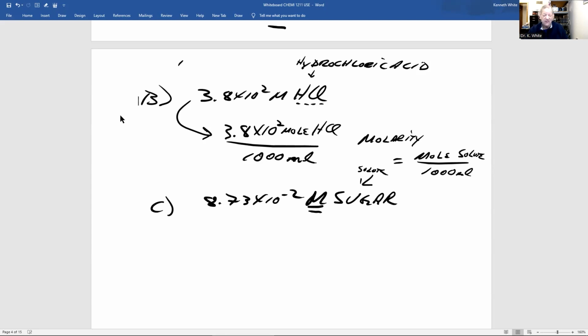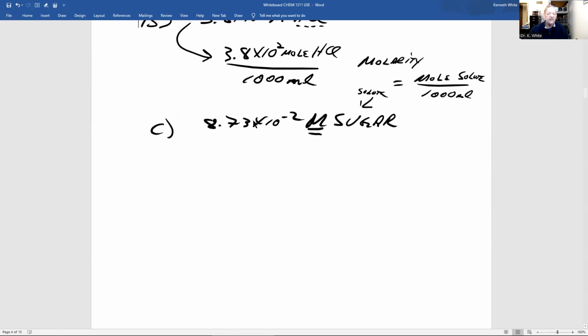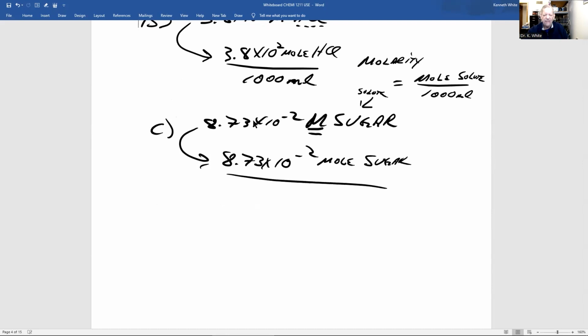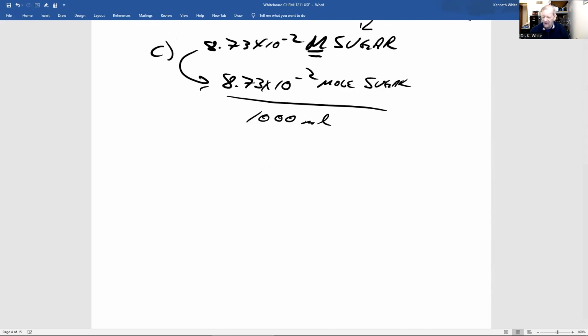You can make sugar solutions of different molarity. And what does this mean? 8.73 times 10 to the minus 2 moles sugar per 1,000 milliliters. And let's do one more question.